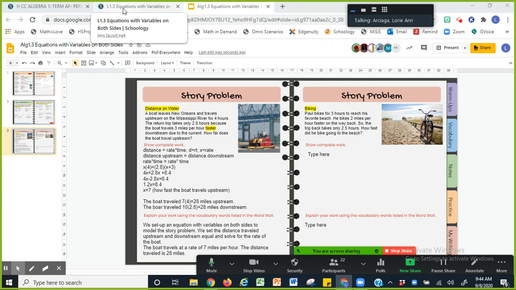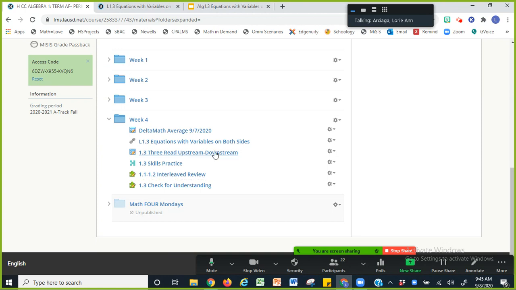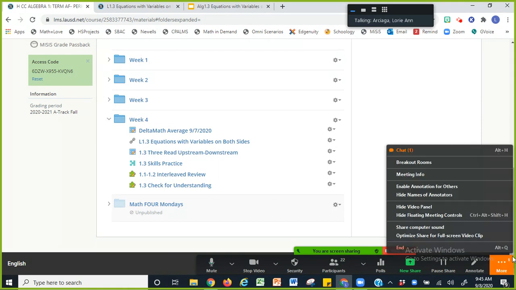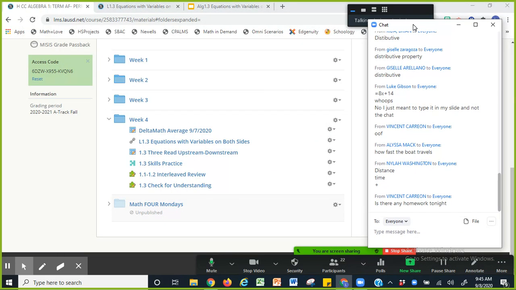If you don't have questions and you don't have any missing work, you do have a lot of stuff that you can do in Schoology. I made all of them visible, so don't think that you have nothing to do. Is there any homework tonight? If your grade is good, you have no homework tonight. I haven't created a new Delta Math homework until I upload the grades. So you can do this.